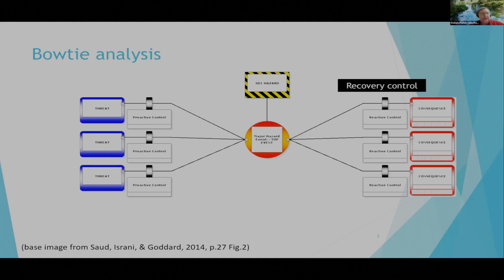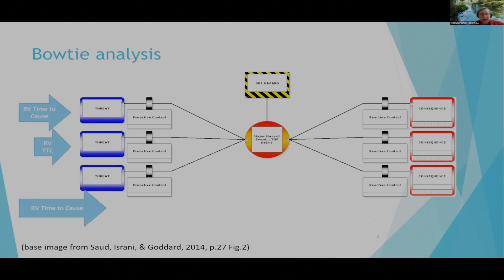It was a process developed in the oil and gas industry in the early 1990s following the Piper Alpha North Sea platform disaster, and I use it extensively both in my research and in my professional practice. So I have defined bow tie analysis as a risk technique that combines a fault tree with an event tree and shows the relationship between threats, consequences, top event, and controls influenced by both risk and control velocity.